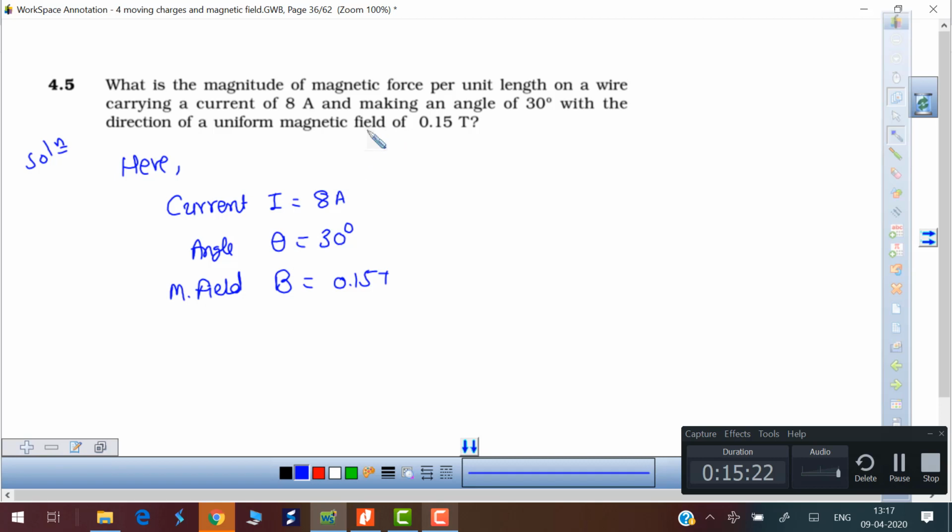Okay, so you are finding the force per unit length.